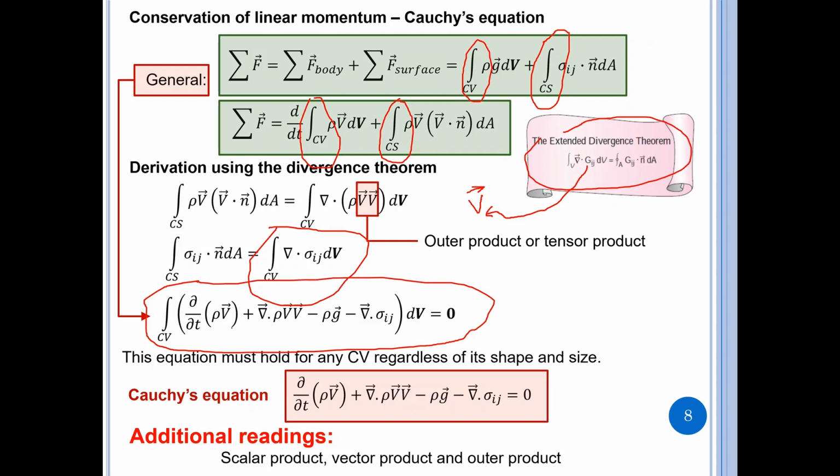I just repeat again, this expression is found by replacing control surface integrals by control volume integrals using the divergence theorem. So basically the first equation becomes integral over control volume rho g dV plus integral over control volume del dot sigma ij dV, which is this one here.